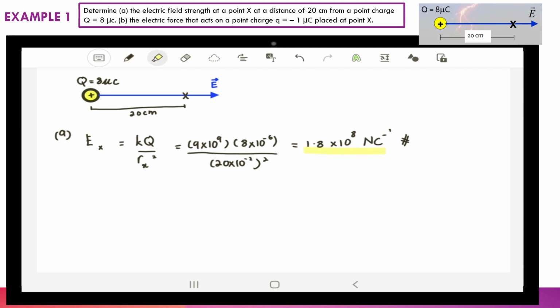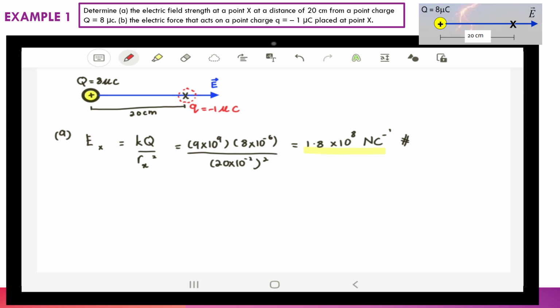Alright, B. Let's say we have another charge which is negative 1 microcoulomb and we place it at point X. So here we have another charge, which is negative, negative 1 microcoulomb. We want to find the electric force that acts on that charge.